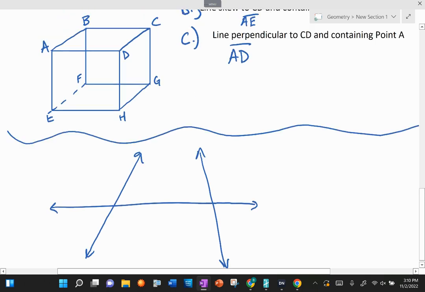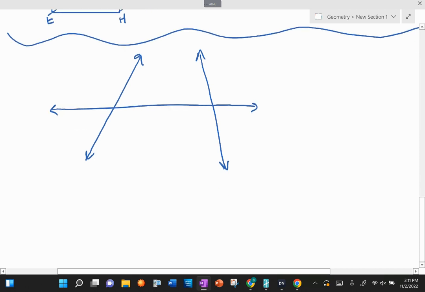Okay, next section. I would prefer for you to draw this, please. Okay, so we're going to talk about angle relations a little bit more, now that we've talked about parallels.